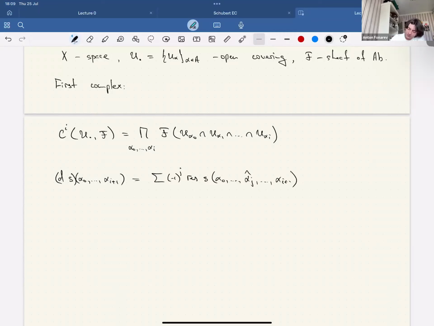So the restriction will always be from some intersection, with α_j removed, to U_{α_0...α_{i+1}}, well, the big one.